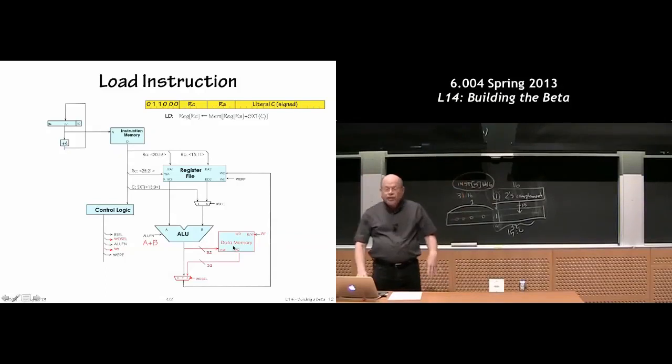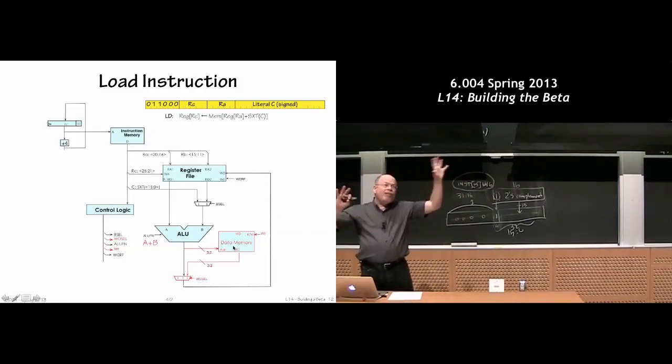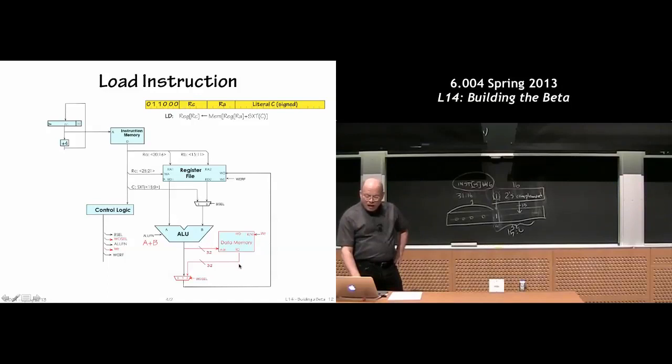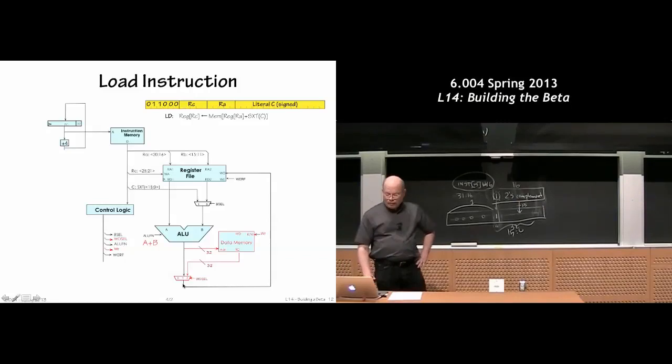Just like the register file had two read ports, main memory has two read ports, one of which is used to fetch instructions, and the other which will read from the same memory array, usually different addresses, and read a data word out. We'll take this data word, and the data that comes out of memory is then routed through this new multiplexer called the WD cell mux, routed back to the register file, and that becomes the result of the instruction.